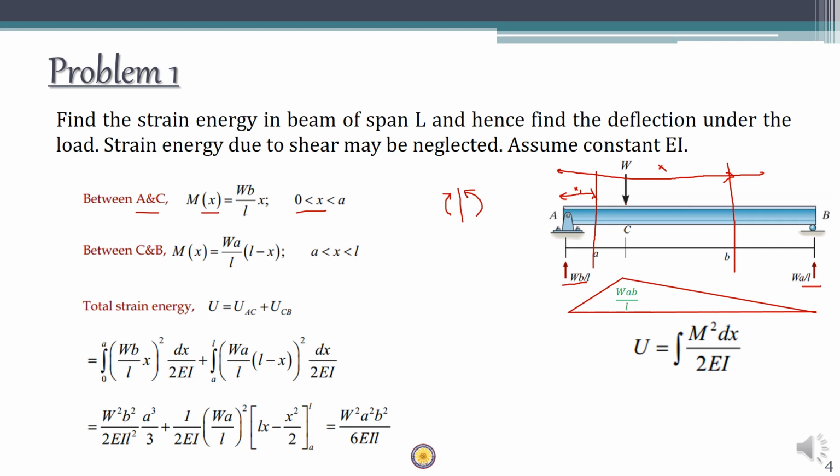So it is easy to calculate the bending moment on the right, which is nothing but RB multiplied by the length, which is L minus x, right? So RB multiplied by L minus x. What is RB? WA by L. So WA by L into L minus x. This is the bending moment at this particular section.